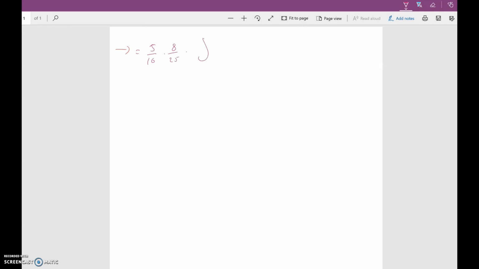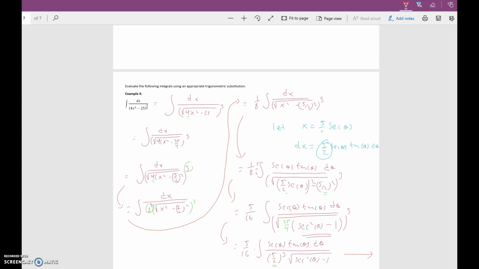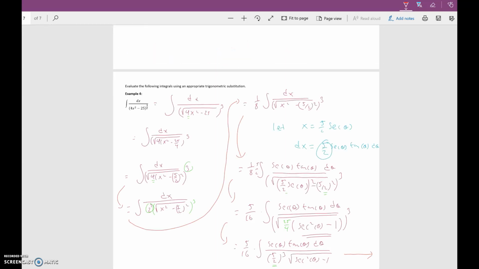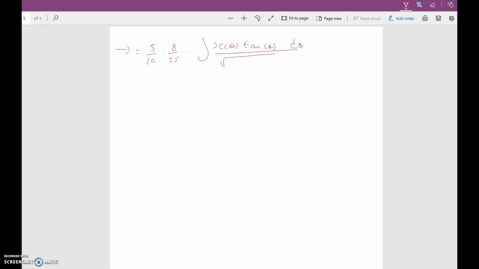times the integral of, on the top we have secant tangent d theta. So you have a secant of theta, tangent of theta, d theta over the square root, and then that would be a secant squared minus 1.